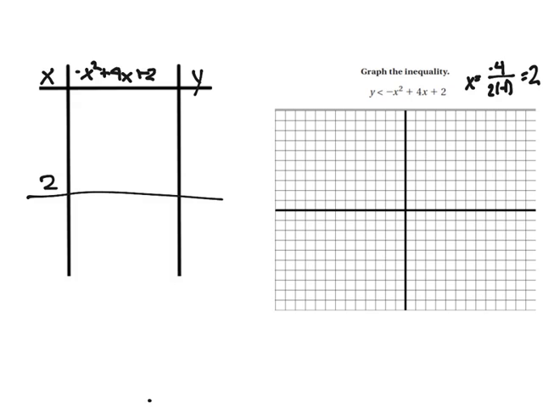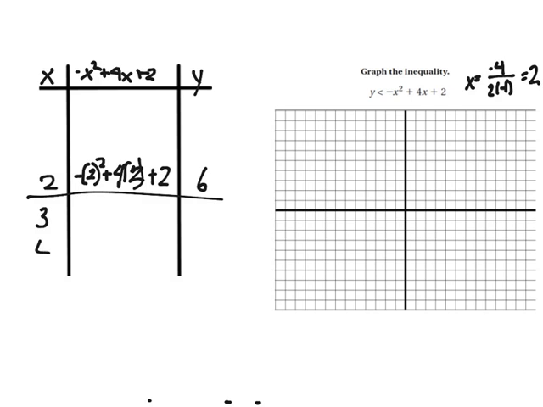We plug that in. Negative 2 squared plus 4 times 2 plus 2. End up with negative 4 plus 8, which would be 4, plus 2, which would be 6.